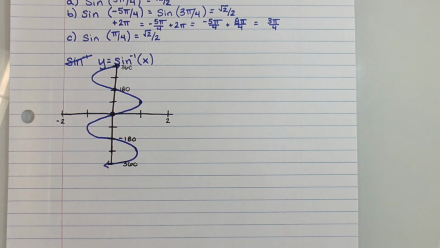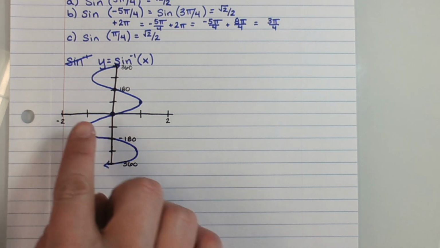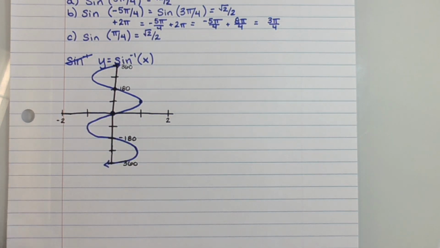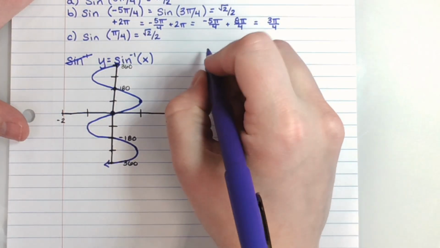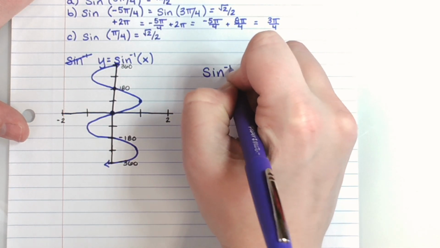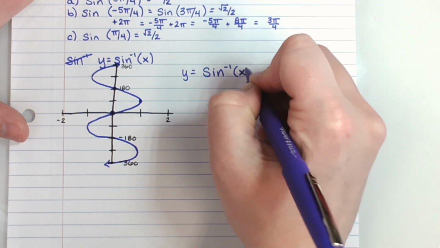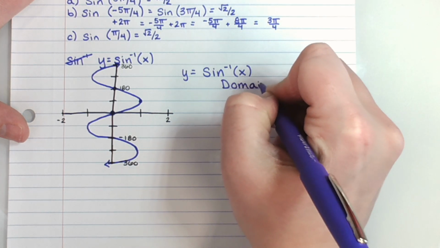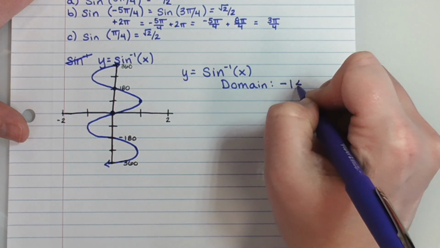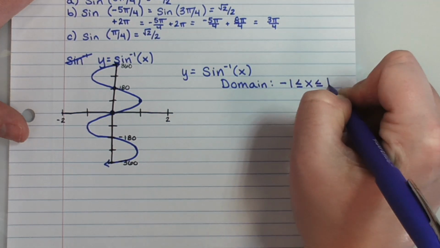Because in order to make sine inverse a function, what they did is they took this graph and they truncated it. They truncated it to where they would get all possible values of things that could fit within the domain. The domain of sine inverse goes from -1 to 1.